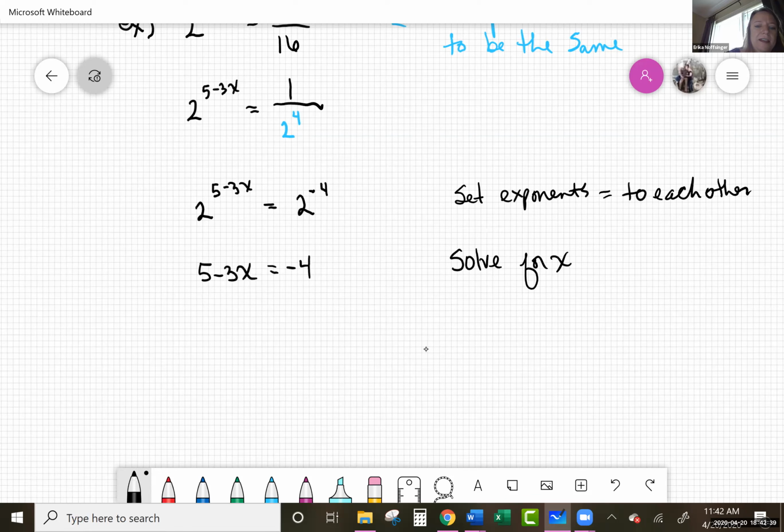I get negative 3x is equal to negative 4 minus 5, which is negative 9. And then I need to get x by itself, divide both sides by negative 3. So negative 9 divided by negative 3 is positive 3. So my solution is x equals 3.